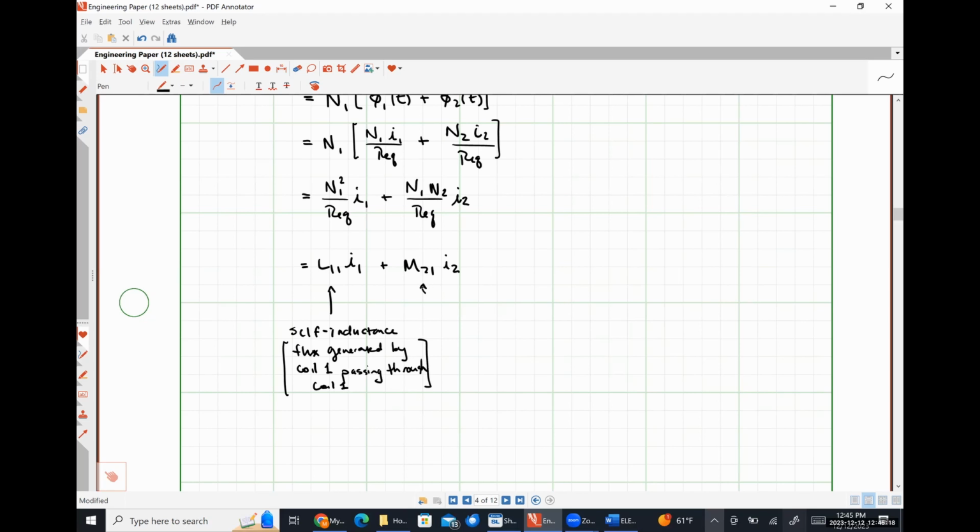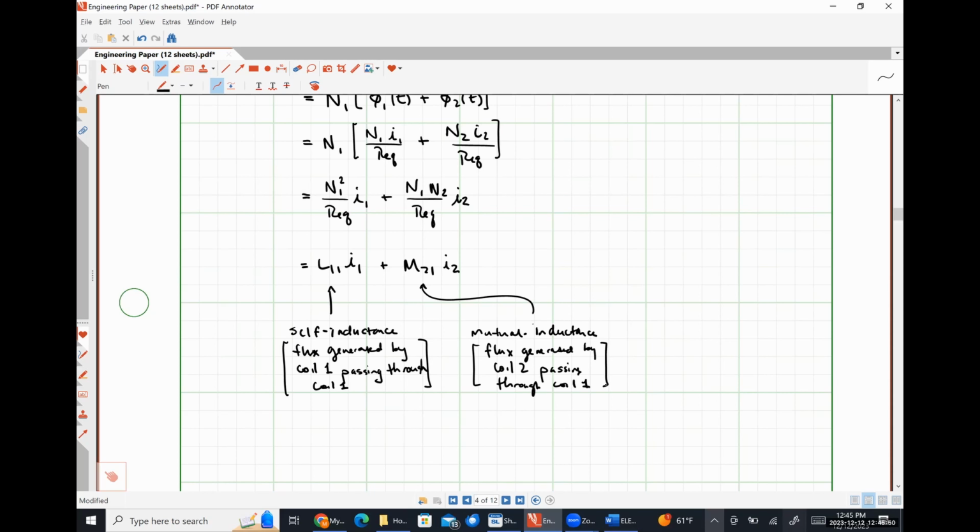And then this M21 term is our mutual inductance term. It arises because there is flux generated by coil two passing through coil one.